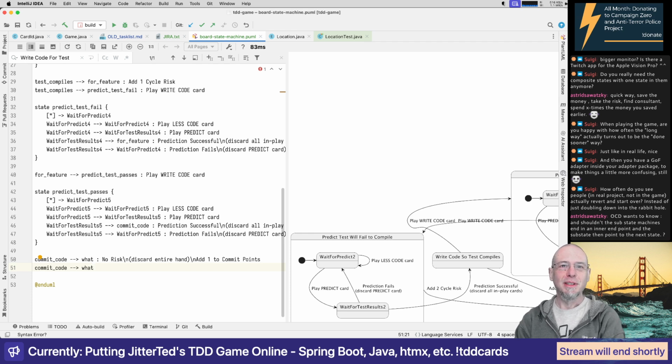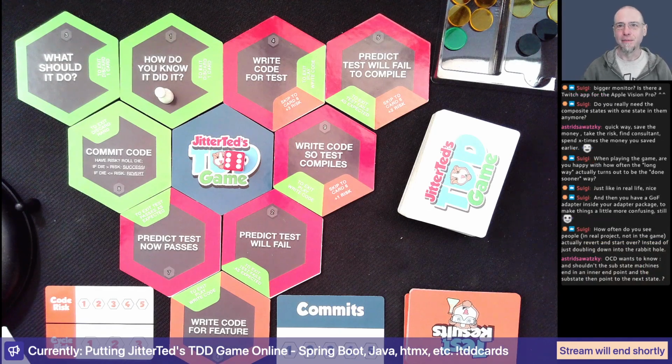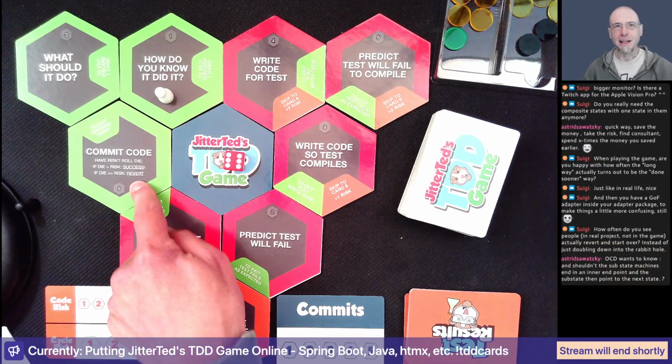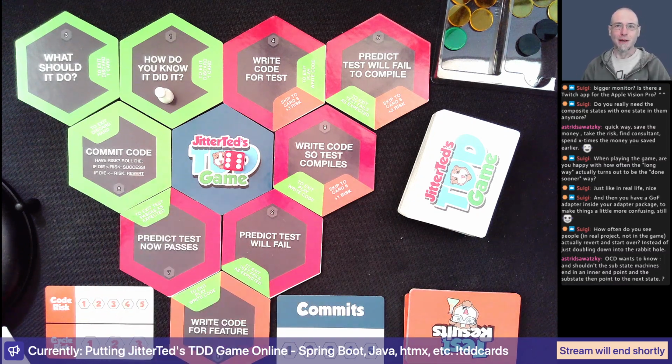Sweet asks, how often do I see people in the real world actually revert and start over instead of doubling down? Yeah, not nearly as much as they should. I've had ideas for a whole sub game around refactoring and trying to reduce risk, spending more cards to try harder to get the test prediction to work.